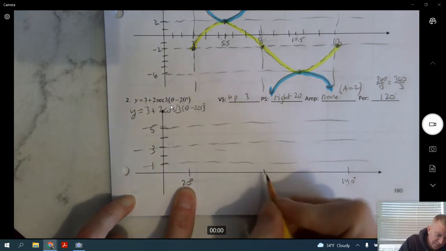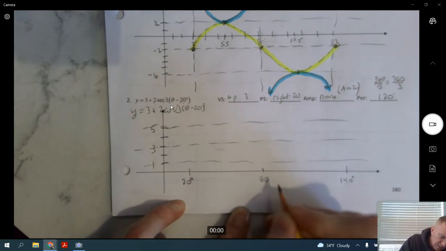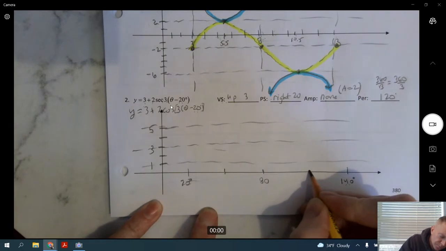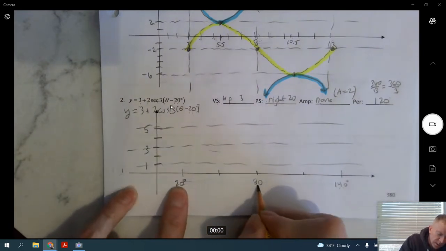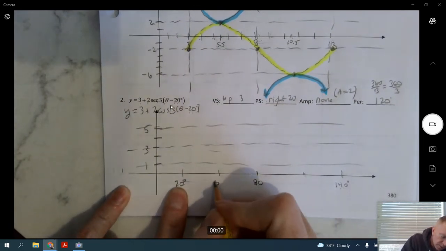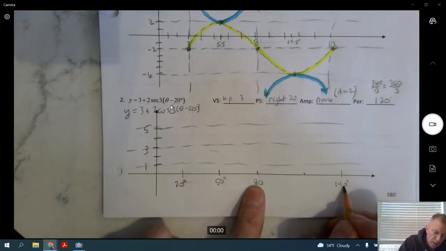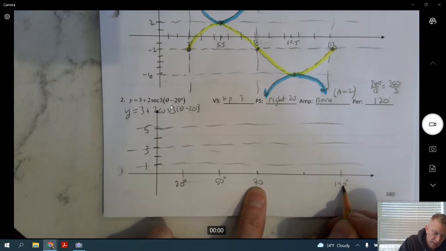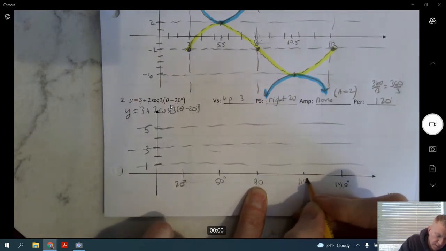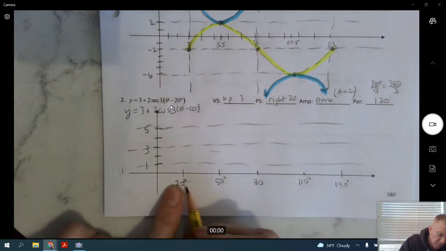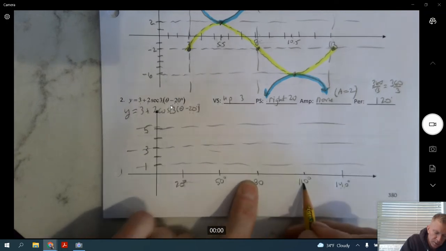So 160 divided by 2 is 80. Let's do our quarter marks also. 20 plus 80 is 100 divided by 2, 50. 80 plus 140 is what? 220. So 110. I think that's right. So this would be plus 30, plus 30, plus 30, plus 30.